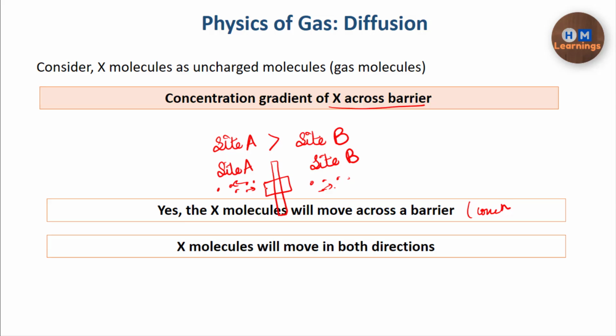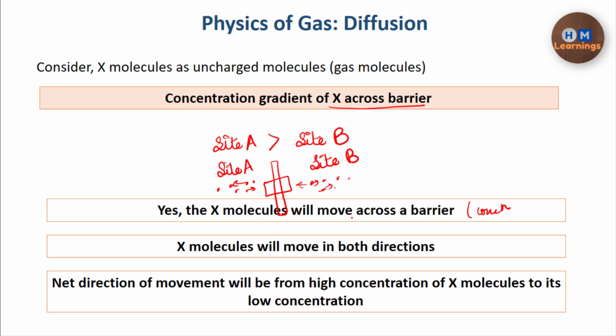So when the gate is opened, because of the random motion, some molecules could go from site B to site A and from site A to site B. Molecules will move in both directions, but the net movement will be from the high concentration area to the lower concentration area. So if site A has more X molecules than site B, ultimately the movement will happen from site A to site B. That will be the net direction of movement.